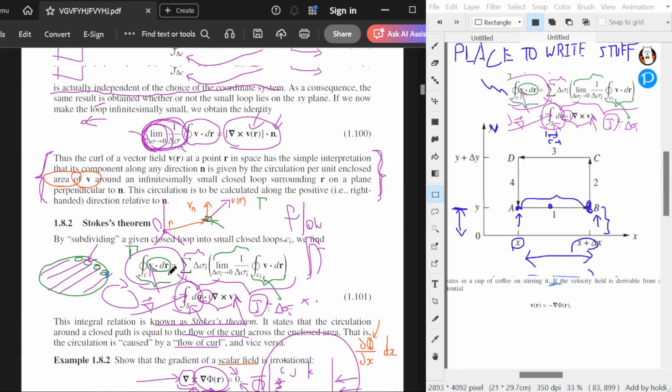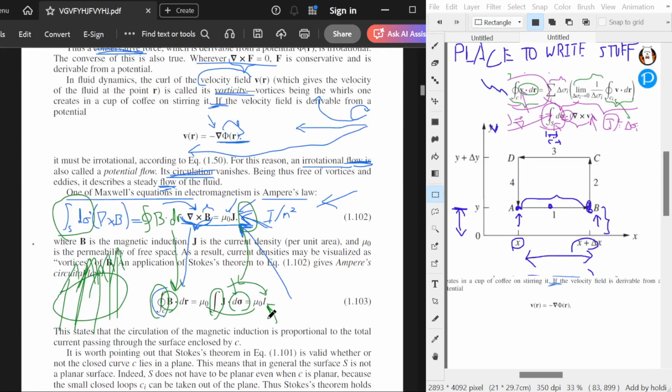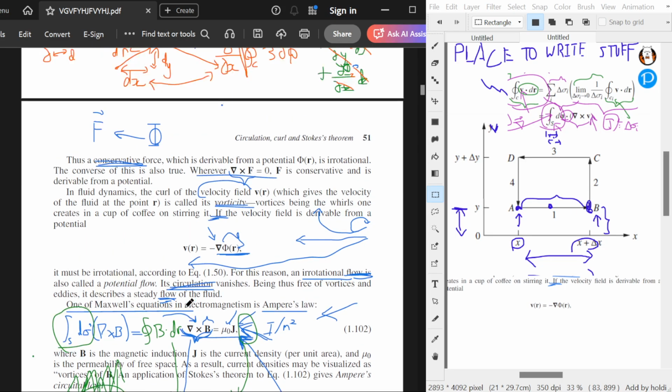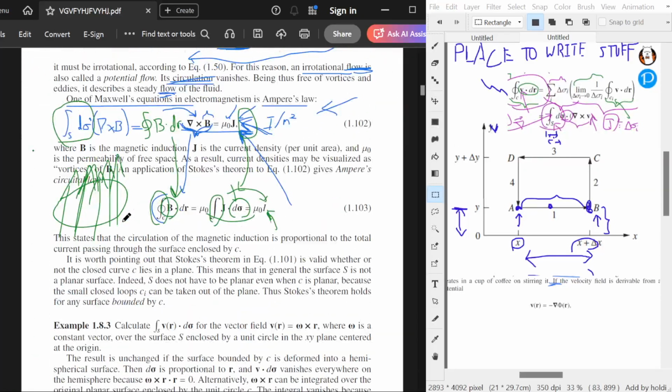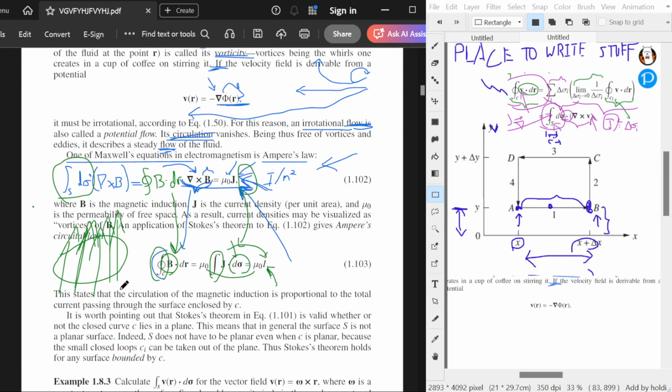Says that the circulation around the closed part equals the flow of the curl across the enclosed area. Flow of the curl across the enclosed area. Circulation around the closed part. This guy is a circulation.